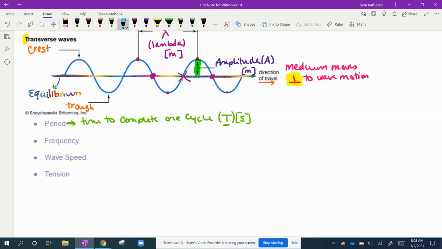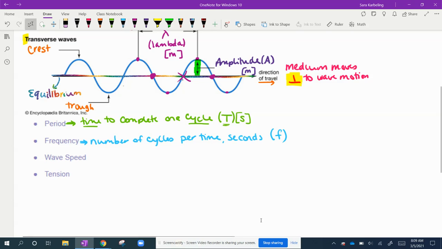Frequency is kind of related to period, okay? Where period is the time to complete a cycle, the frequency, or how frequently something happens, we often hear that phrase, is the number of cycles per time. And usually that time is in seconds. Frequency is marked with a small f, not to be confused with our capital F, our favorite forces.